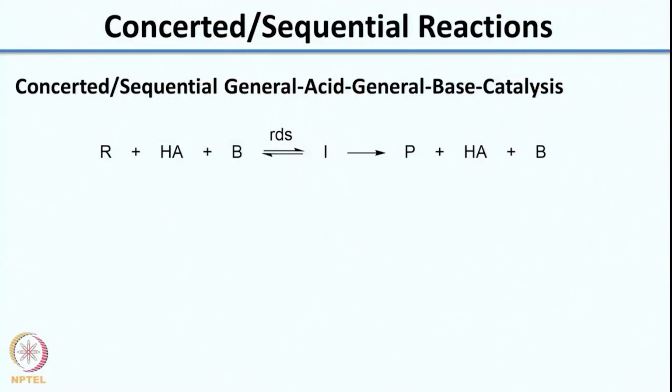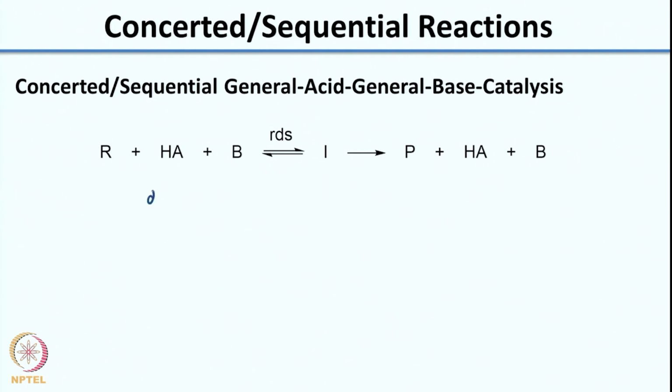Now, there are several reactions where you actually have concerted or sequential general acid general base catalysis, especially in biology. So, you have multiple species working together, one is a general acid, one is a general base, and both of these actually work together to give you an intermediate which then gives you the product. If you were to write the rate law for this, what would it be?